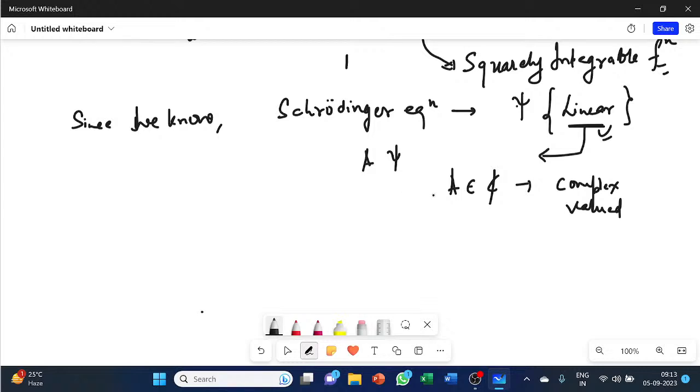Now this particular a is referred to as the normalization constant.